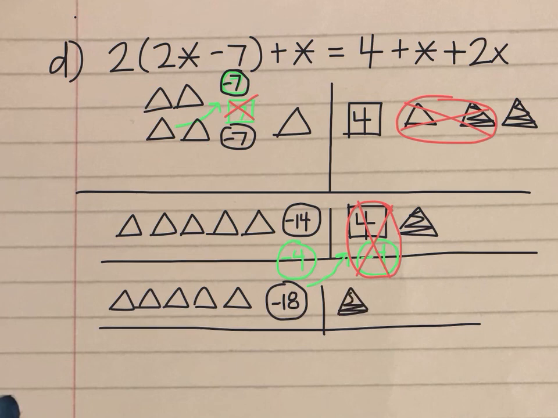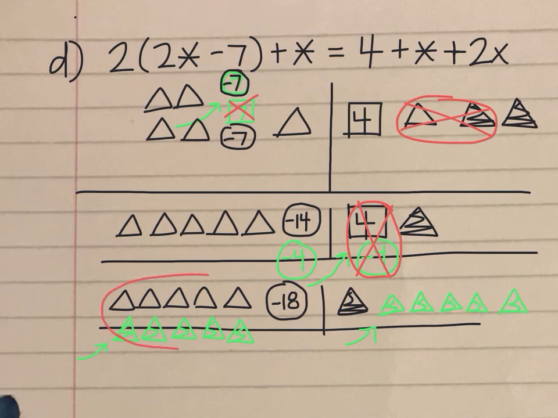And now it looks like what I'd probably like to do is leave this 18 but cancel out all the stars that are with it. So I am going to bring in 5 shaded triangles, and then because those have weight, I also need to bring in 5 shaded triangles over here.